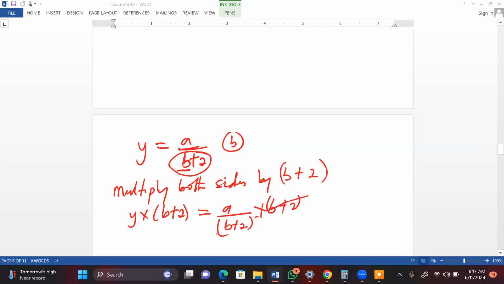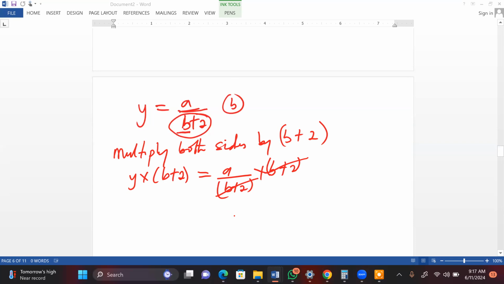So B plus 2 cancels B plus 2. Now we open the bracket: y multiplies everything inside. That will be yB plus 2y equals A. Are you with me? Yes, I am. Okay, good.